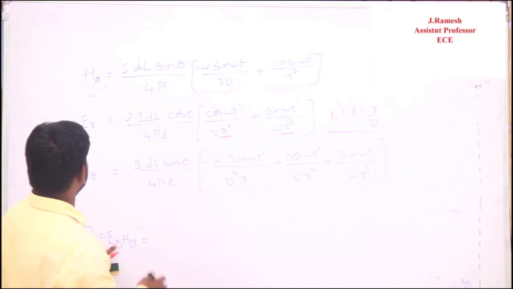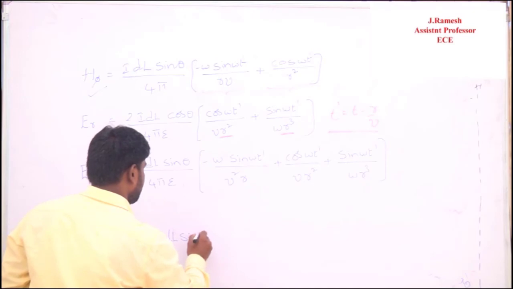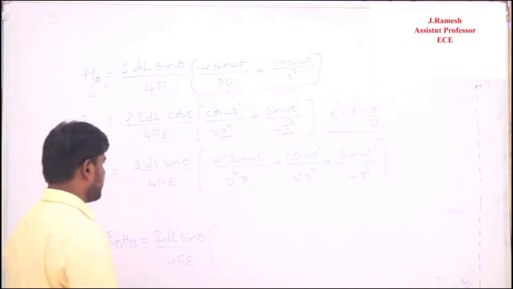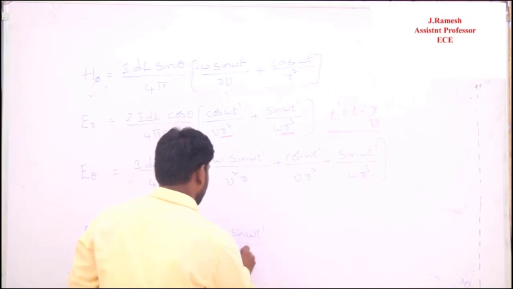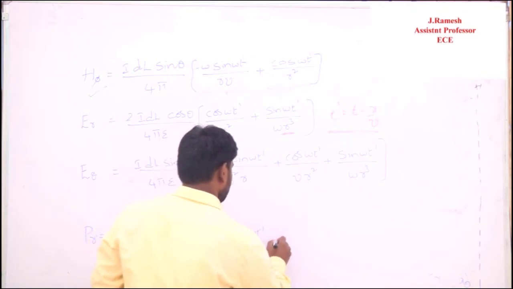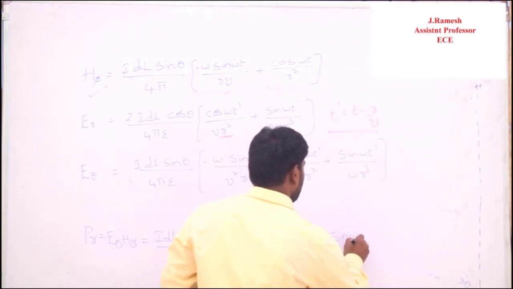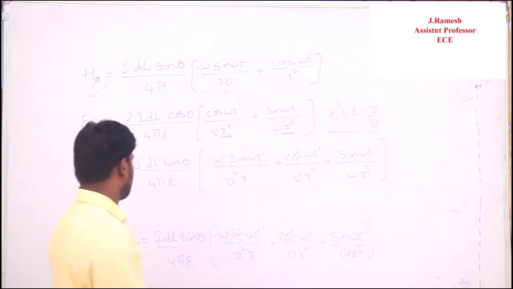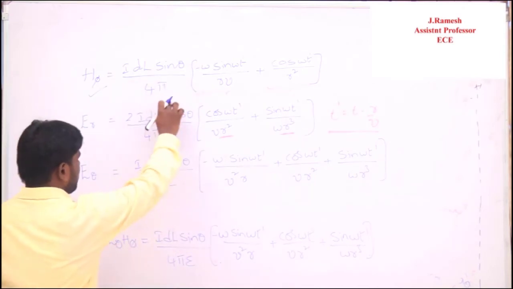So what is E theta we have in our hand? That is simply I dl sin theta by 4 pi epsilon multiplied with minus omega sin omega t dash by V square into R plus cos omega t dash by V into R square plus sin omega t dash by omega into R cube, which is again multiplied with H pi. So the H pi formula is again I dl sin theta by 4 pi.